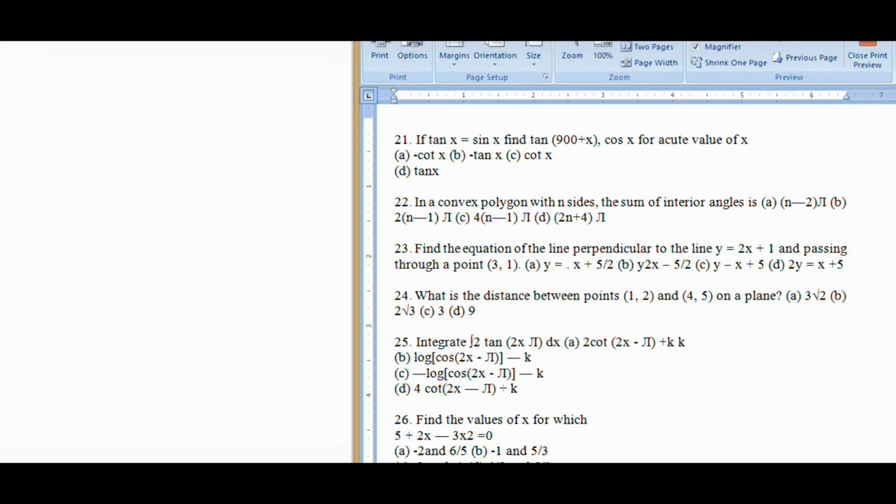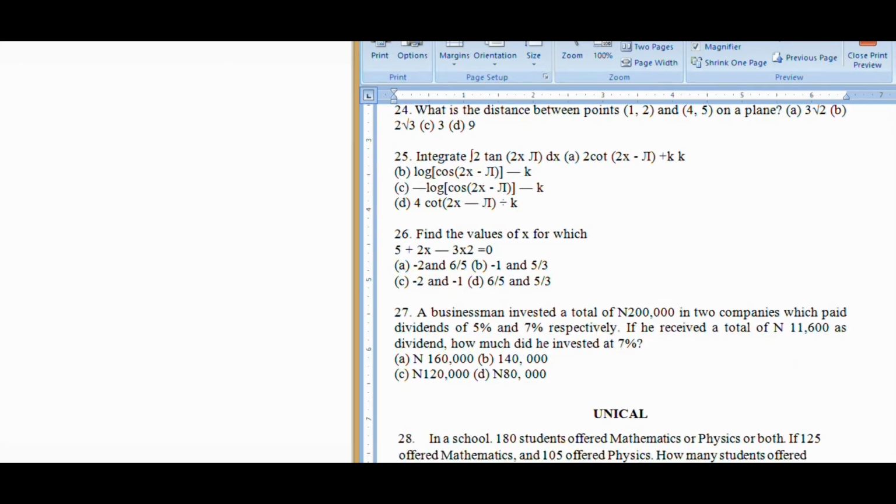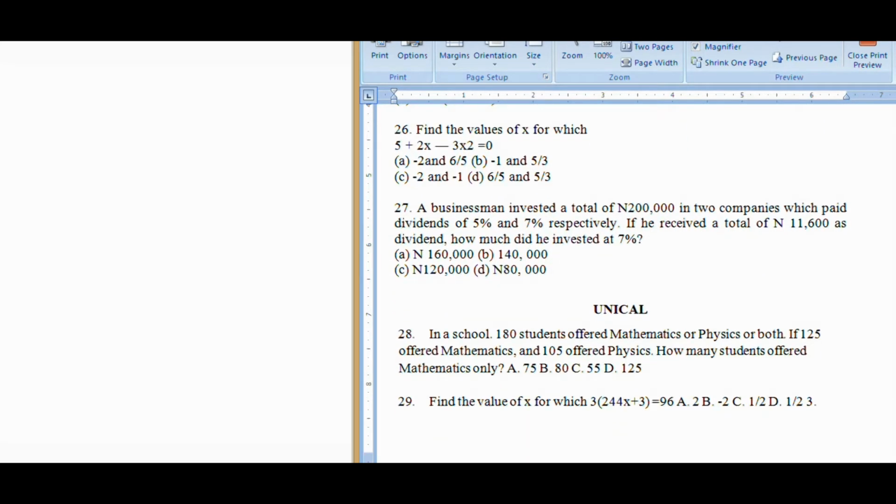Now the next question is, find the values of x for which 5 plus 2x minus 3x squared is equals to 0. This is another quadratic equation. Now the coefficient of the x squared is minus 3, while the constant term still remains 5.